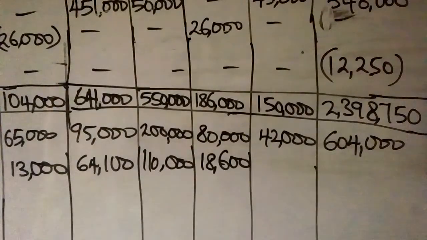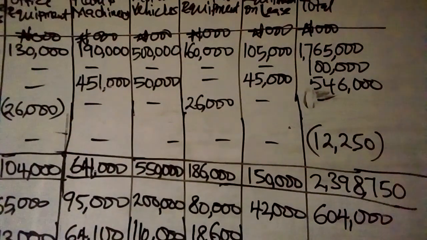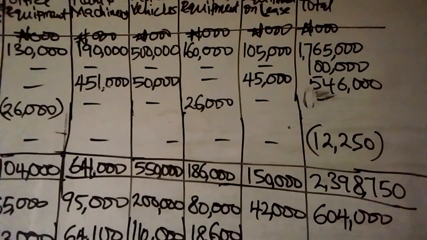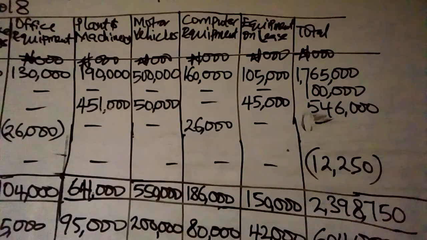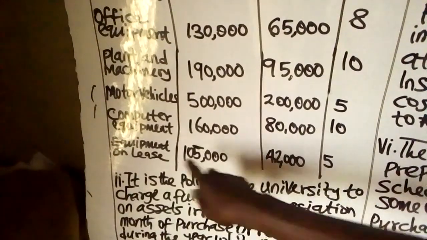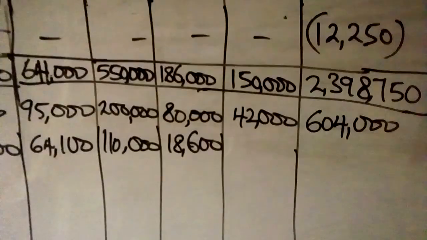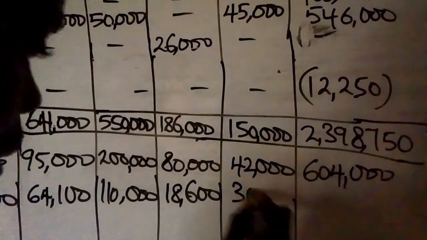Then we also have equipment on lease. You have been told that the lease period is 5 years, and you have 150,000. When you divide the 150,000 by 5, then you have 30,000.